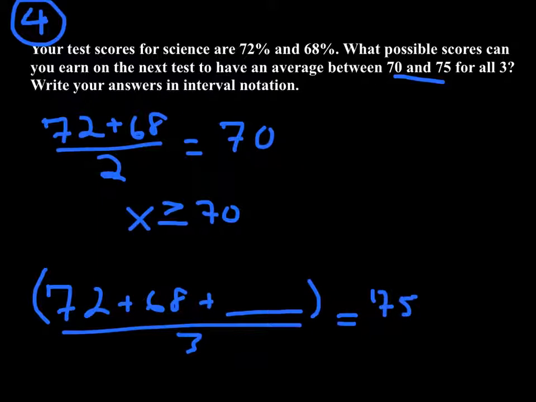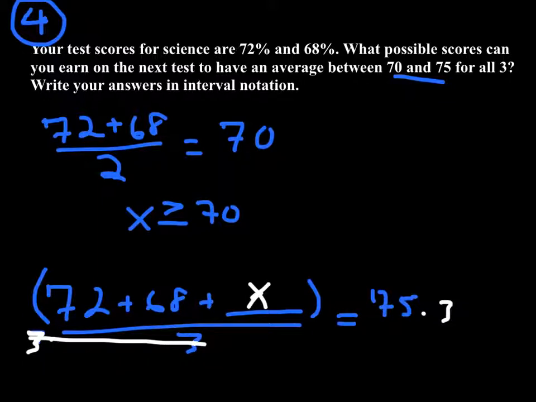Okay, so now it turns into a little bit of an algebra problem. What we can do is, if we call this x here, we can first multiply by 3 on both sides. Multiply by 3 on both sides. And then this will get rid of our 3's down here.